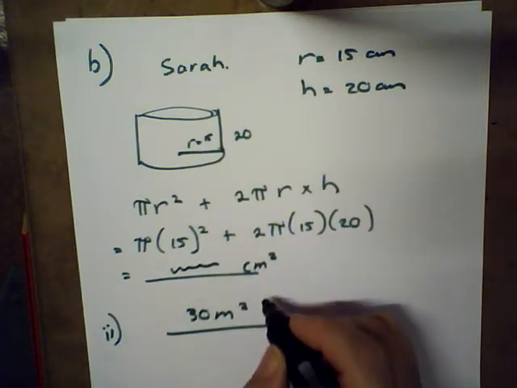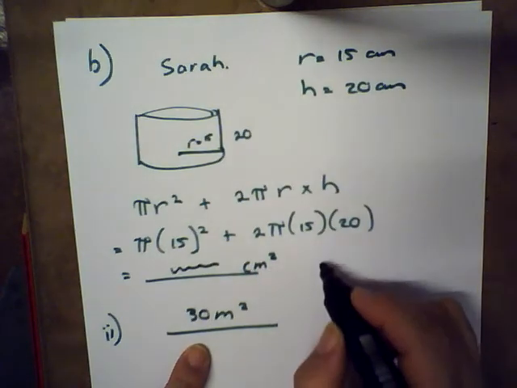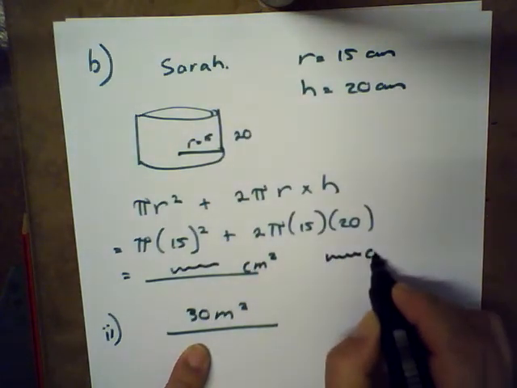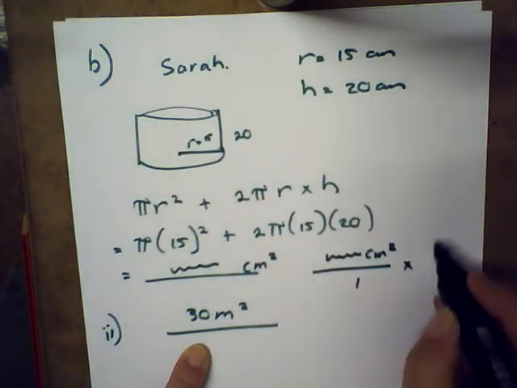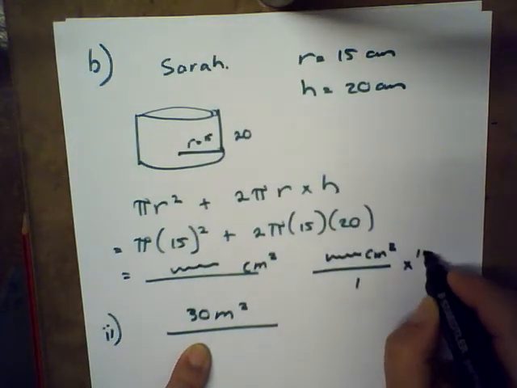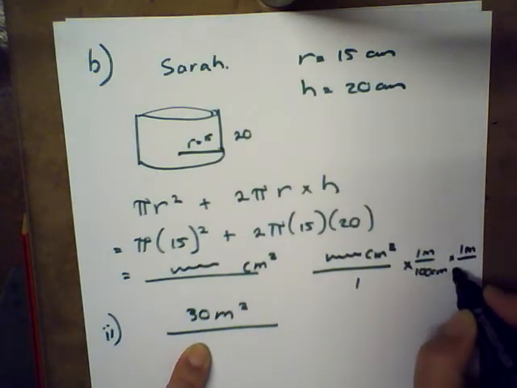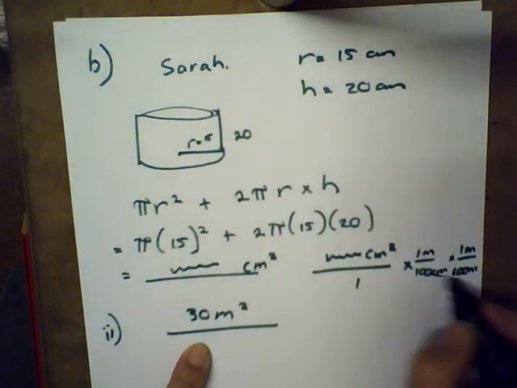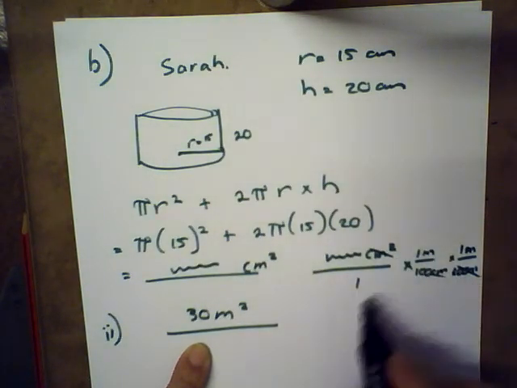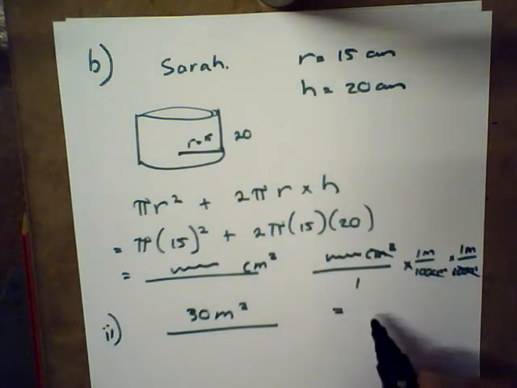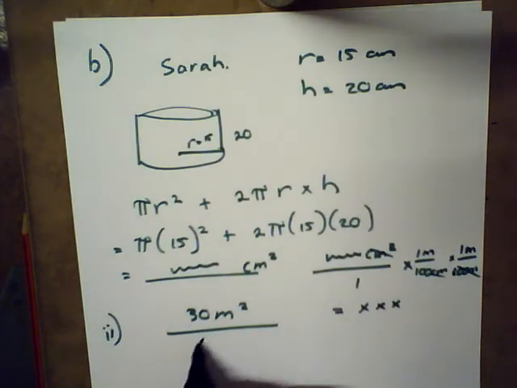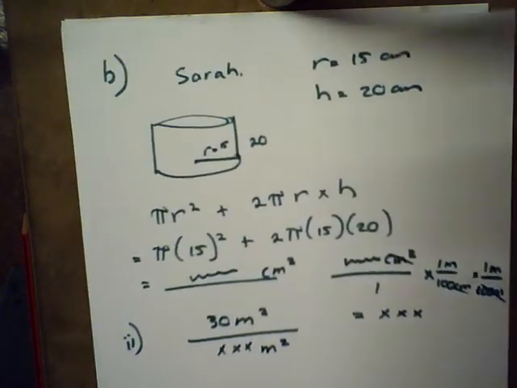To convert into meters squared, we take the blah blah blah centimeters squared over 1, times 1 meter over 100 centimeters, times it one more time because it is centimeters squared. Cancel them out and you will have your answer in meters squared. Good, so that concludes question 8.